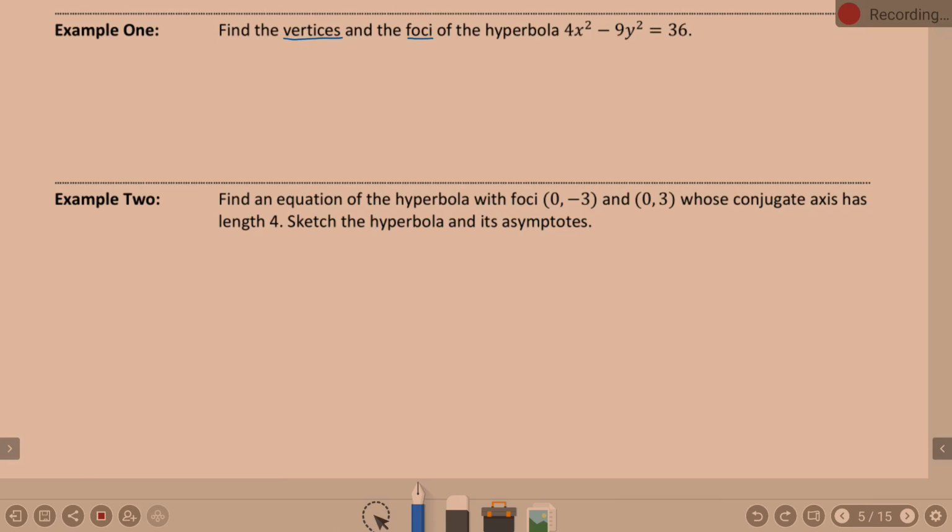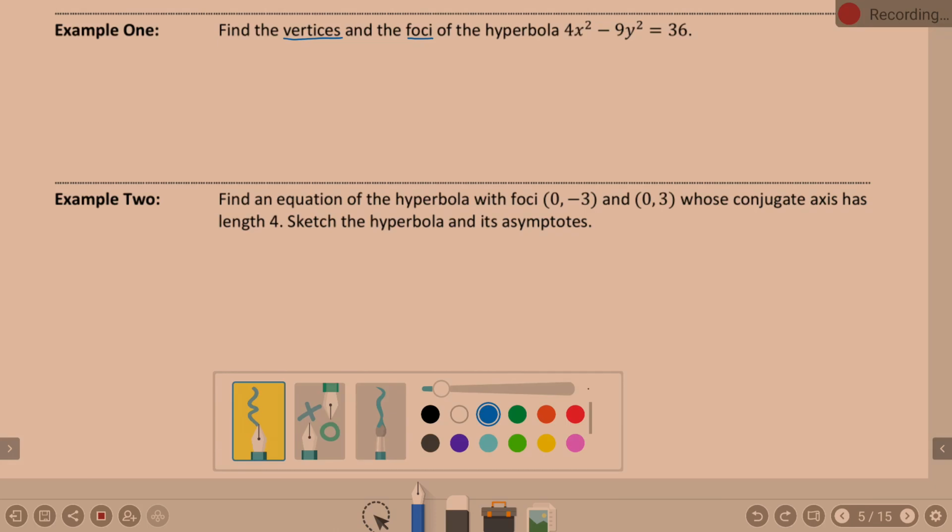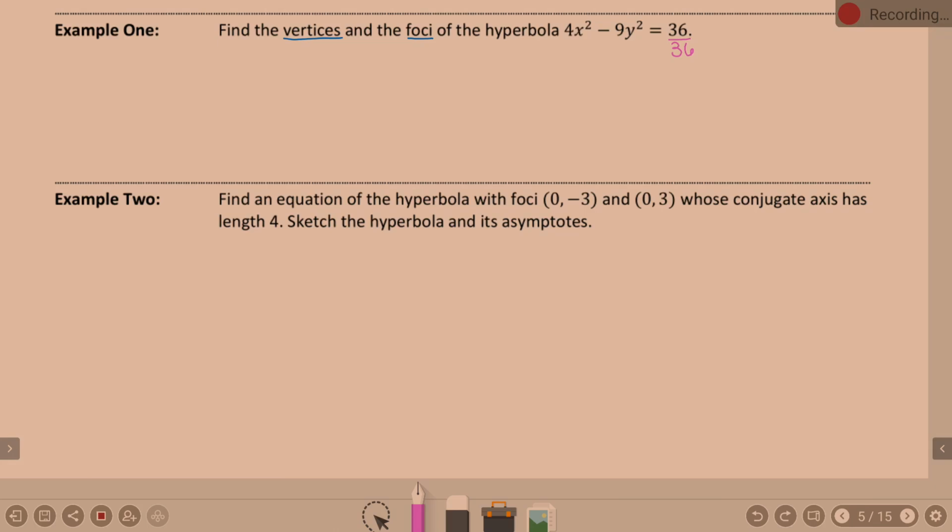Divide by 36, get it equal to 1. Okay. If you go back to the chart, standard form is equal to 1. So to make 36 become a 1, I'm going to divide by 36, which means I'm dividing each term by 36. Okay. 4x squared over 36 becomes x squared over 9, because 4 over 36 reduces to 1 over 9, minus 9/36 y squared.